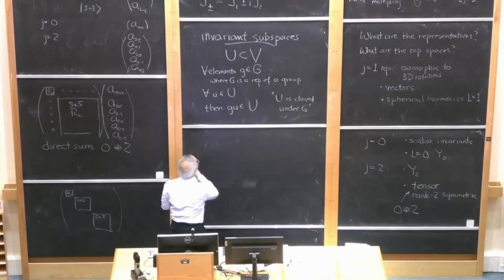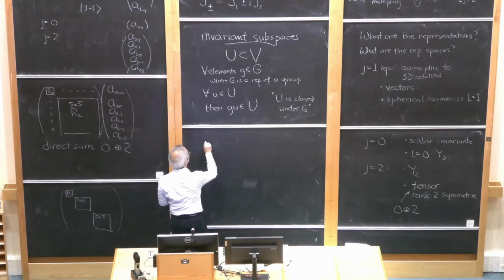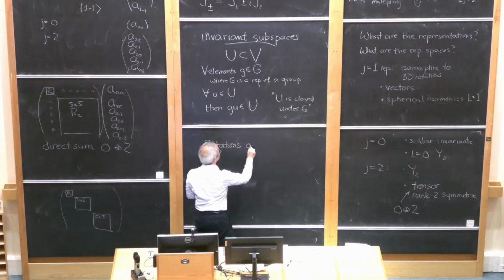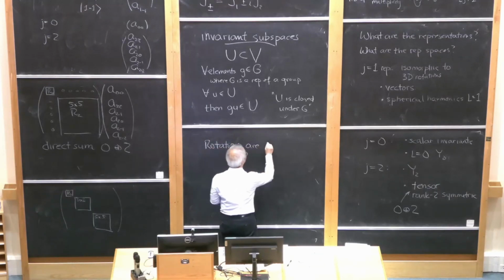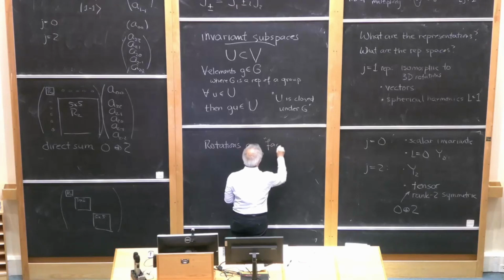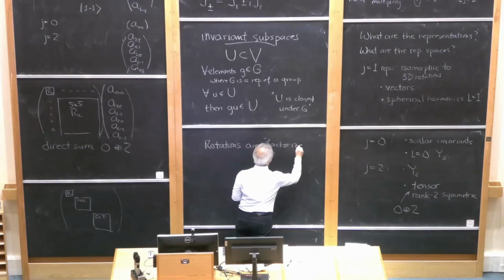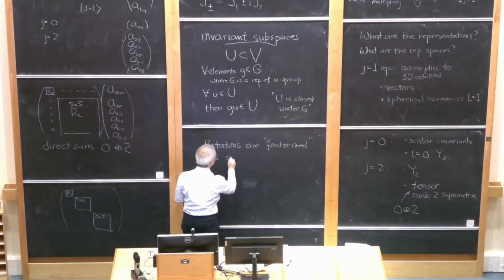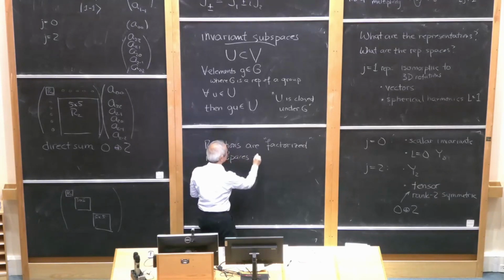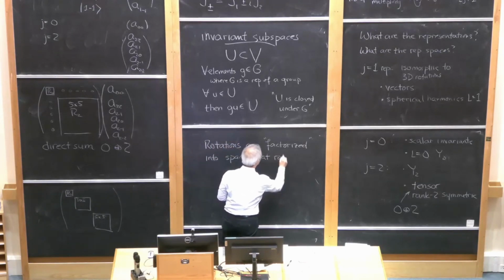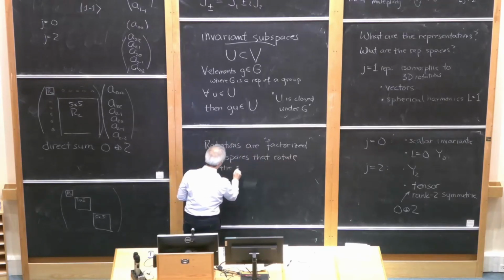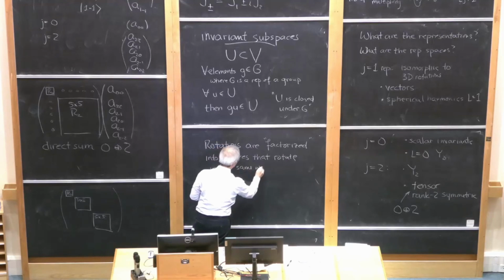Now, maybe I should write that down. So now what we find is that the rotations are sort of factorized into spaces that rotate in the same way.